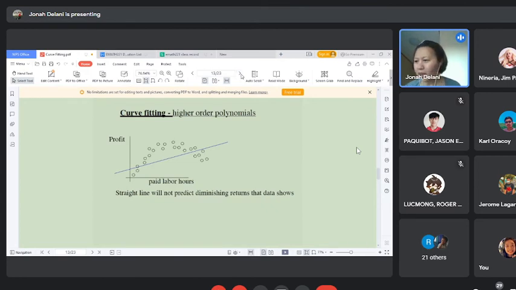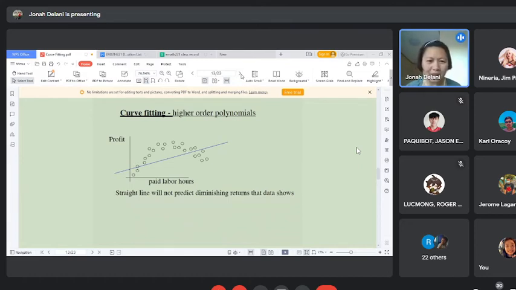Now, of course, as I have said before, not all observations would follow a straight line. Some would look like a polynomial curve, a quadratic curve, right?